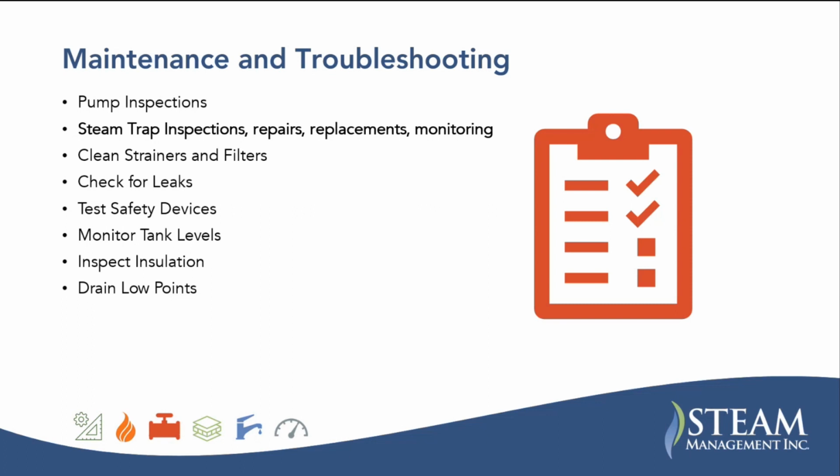Steam trap inspections, repairs, replacements, and monitoring. Again, that's always a big opportunity for efficiency improvement and should be at the top of your list for maintenance procedures. You can clean strainers and filters in the system. That's always helpful for proper operation, as is checking for leaks, testing safety devices, and monitoring tank levels.